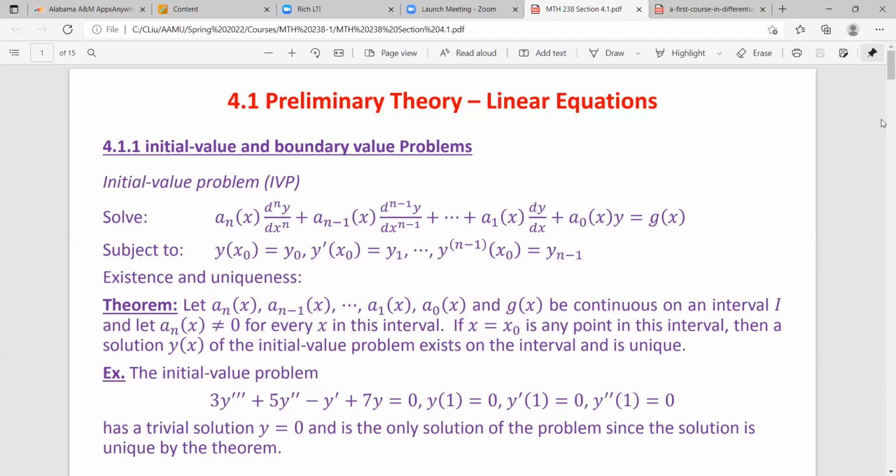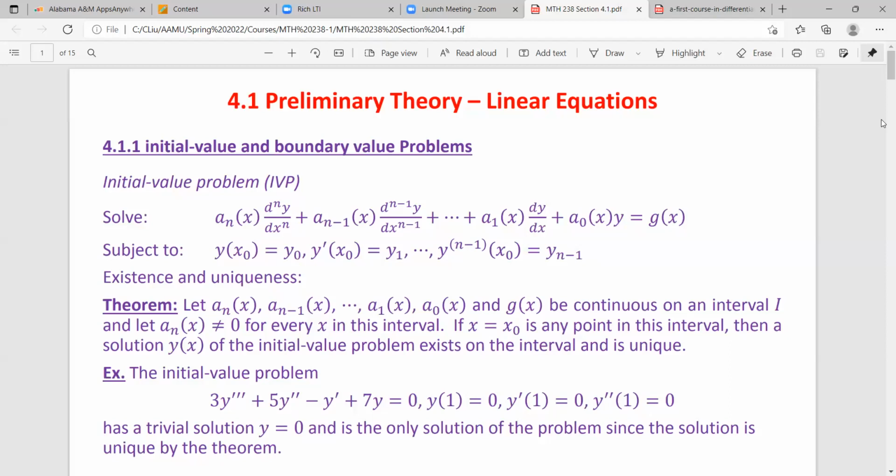So sometimes you don't even have to solve the problem. You can find the solution of the problem by inspection, and use this theorem to argue that the solution is the one you need.